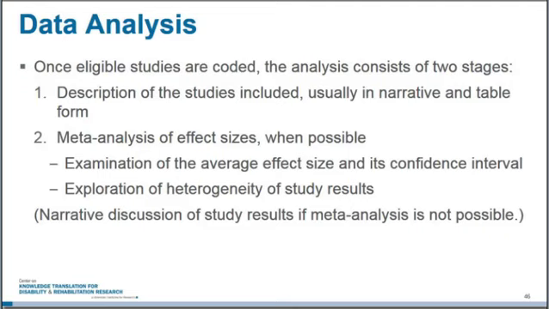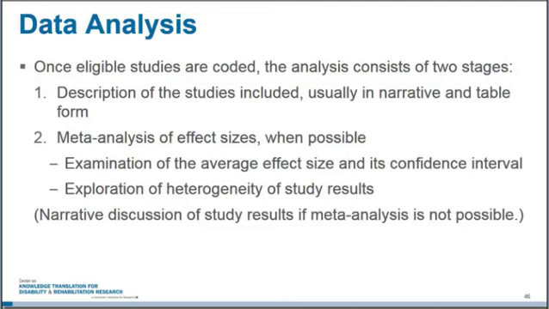And then when possible, you want to do a meta-analysis, especially if you're interested in estimating the treatment effect of some intervention or the magnitude of the correlation between two constructs.